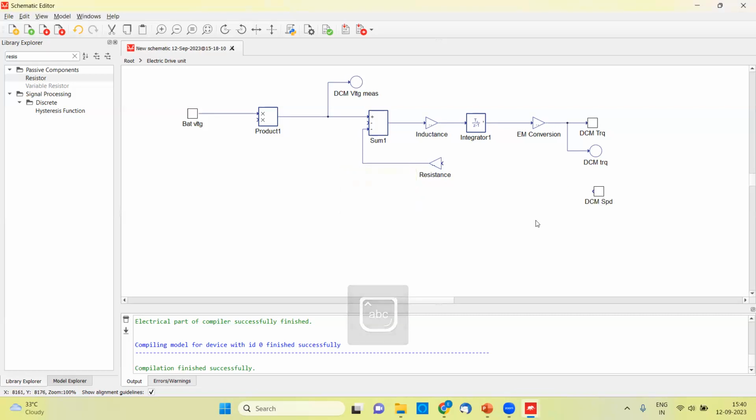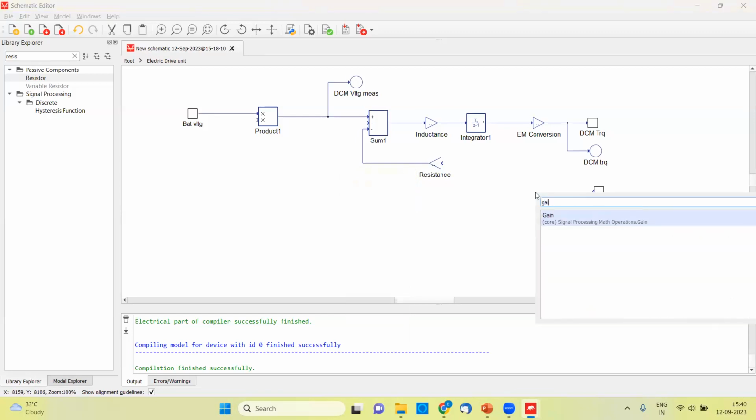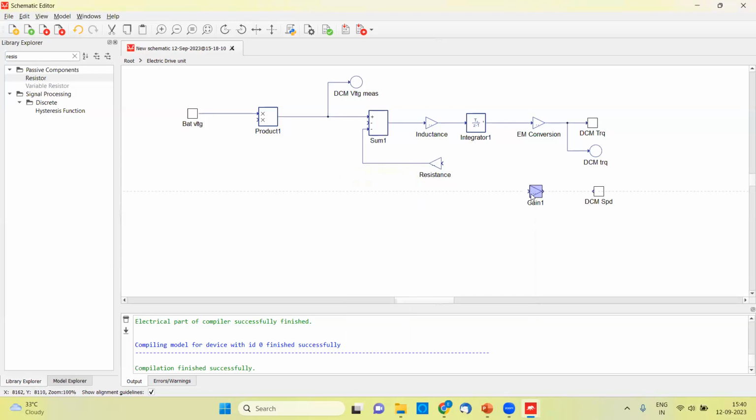So this is my DC motor speed, and I will take another gain block over here. Now speed is again a mechanical term or a mechanical component. So if this sum block is having two inputs in the form of electrical component, so this component also we need to convert into electrical. That is why we are using this gain block. This is nothing but EM conversion block only.